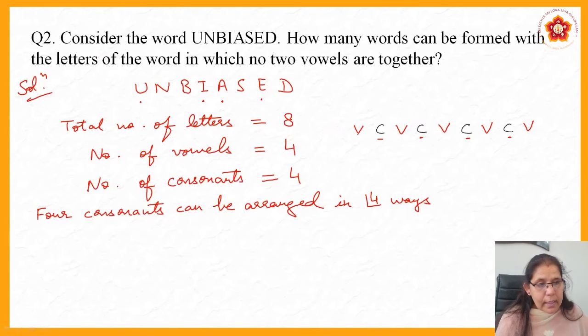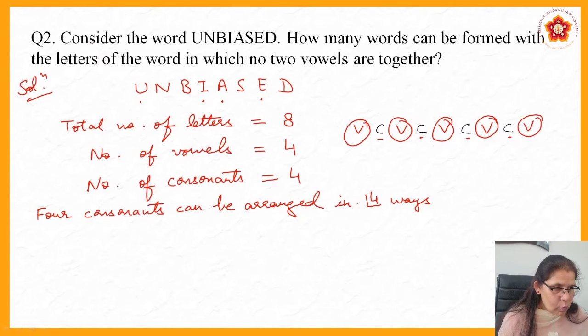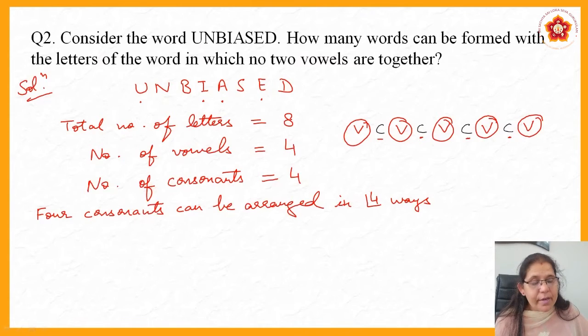Now let us look at the number of positions available for the vowels. This is first position, second, third, fourth, fifth. So there are 5 places where vowels can be put. But how many vowels do we have? We have only 4 vowels. 4 vowels we have to arrange at 5 places.